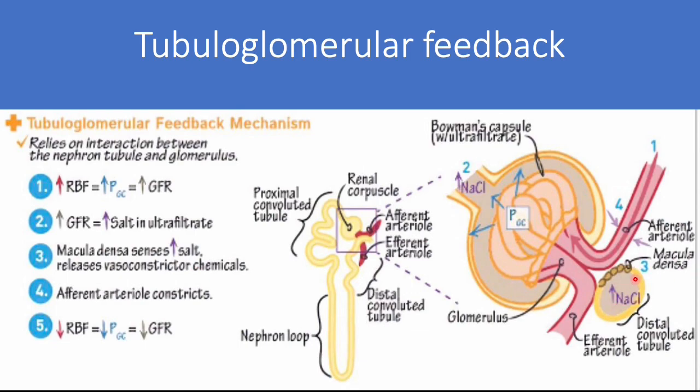The macula densa cell acts as a chemical sensor for sodium, present in the distal convoluted tubule. It senses the salt and releases vasoconstrictor chemicals, and the afferent arterioles constrict. What is happening then? Decrease in renal blood flow, decrease in hydrostatic pressure, and decrease in GFR.